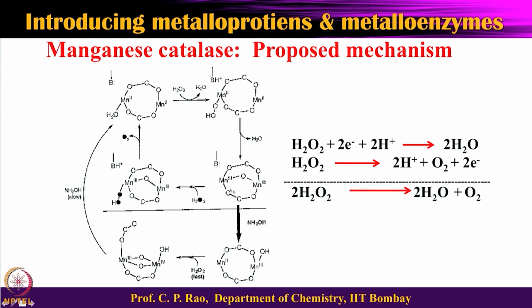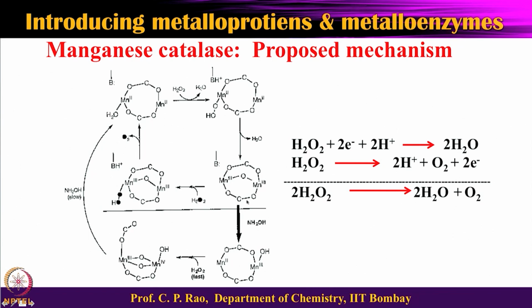This dimanganese 3 will take up another H2O2 molecule, and this H2O2 molecule interacts, which leads to the removal of the O2 moiety, leaving the water molecule. You see that there is a simple carboxylate bridge here in the manganese 2 to manganese 2 state, you have only the carboxylate bridge.